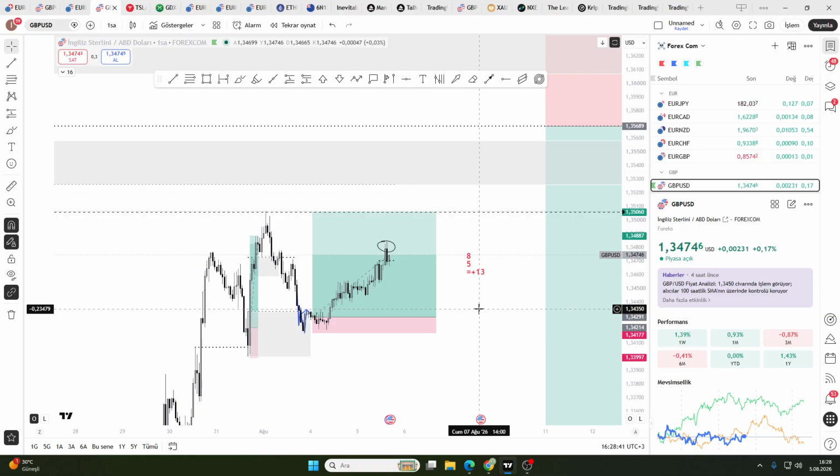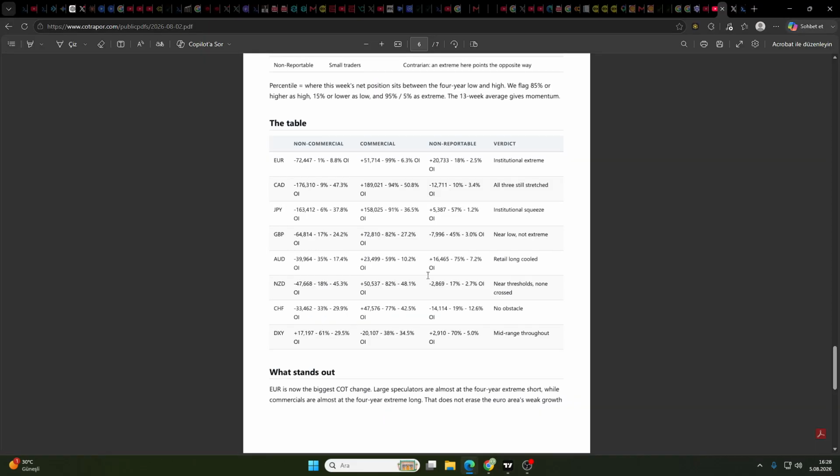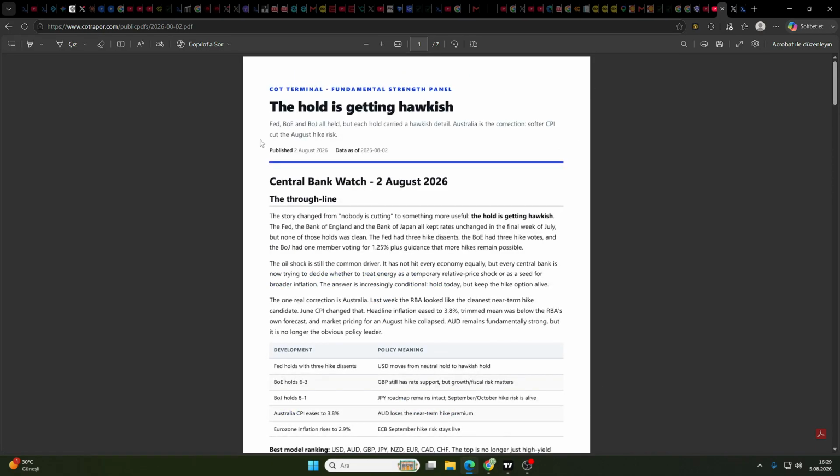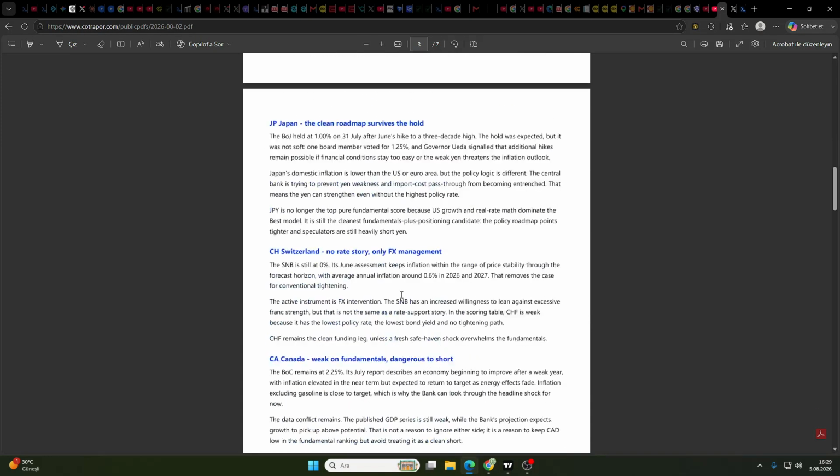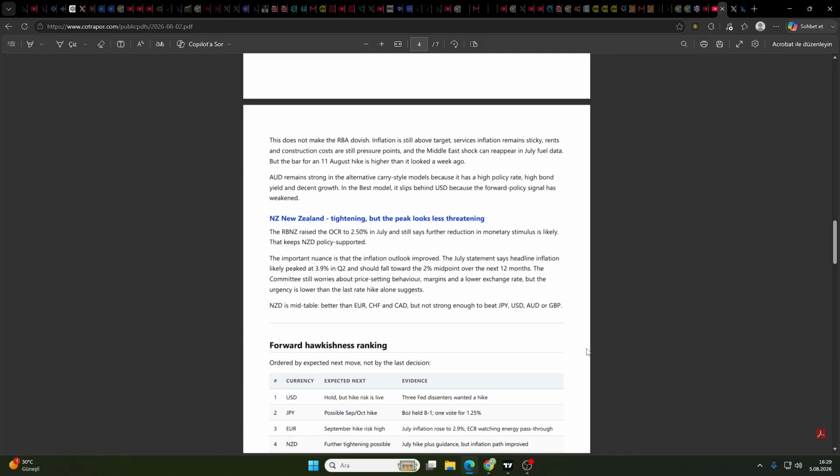Firstly, we are looking at fundamentals, not just pure data, and we are analyzing and commenting on it. Why are we commenting on it? Why not just look at the nominal data? Because, for example, now the report says AUD is the most powerful pair, but it's turning.